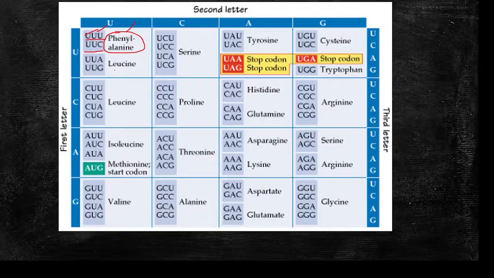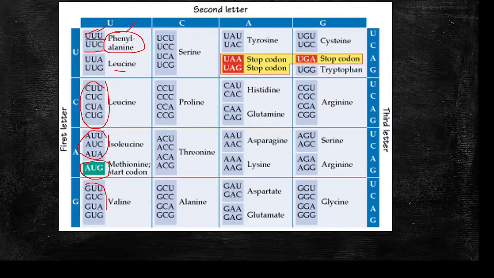UUA and UUG code for leucine, and these 4 codons again code for leucine. 3 codons code for isoleucine, these 3. And AUG is the start codon and it always codes for methionine. When the ribosome running through the mRNA comes across AUG, the translation process begins.